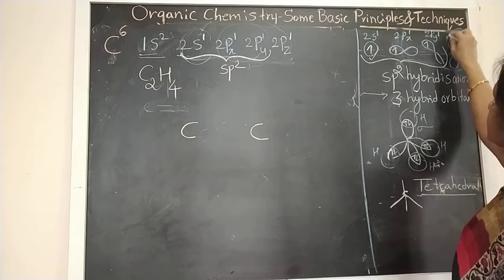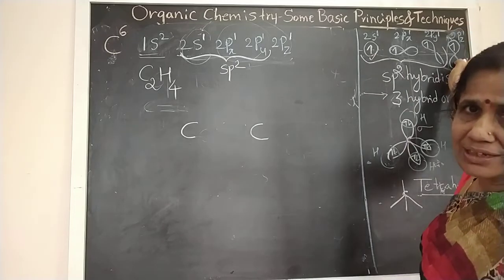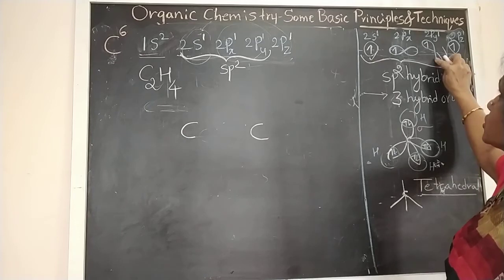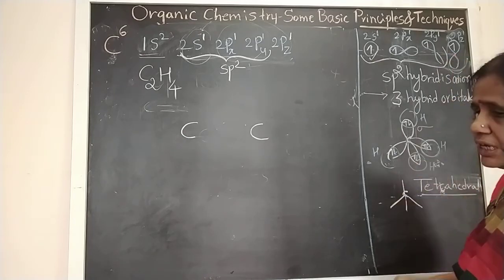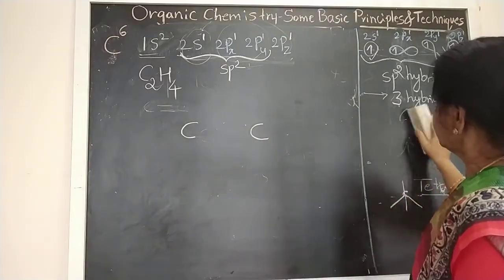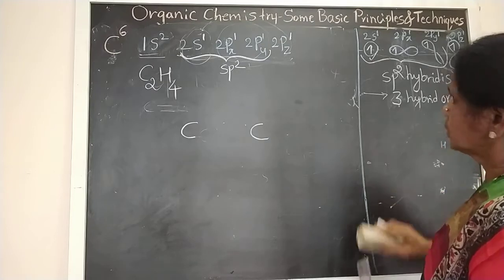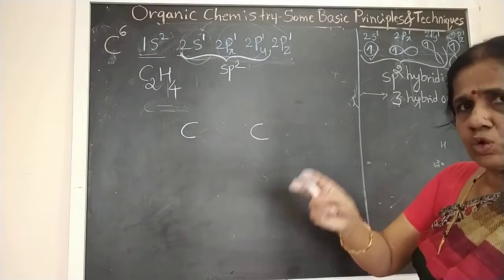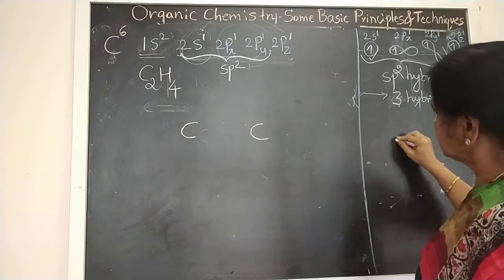But what about the pz orbital? It remains unhybridized, not mixed with these. So in case of ethene, the carbon undergoes sp2 hybridization, where one s and two p orbitals hybridize.